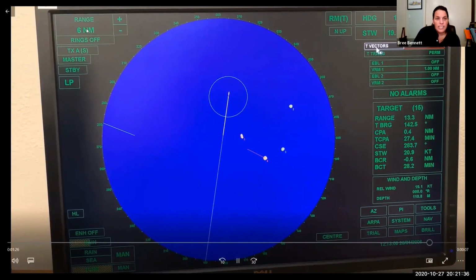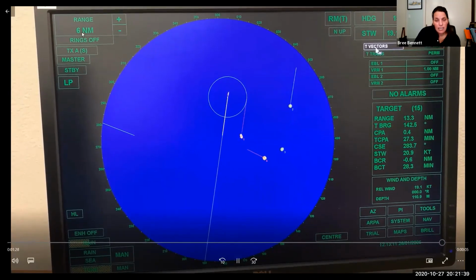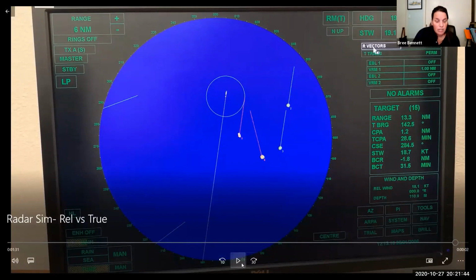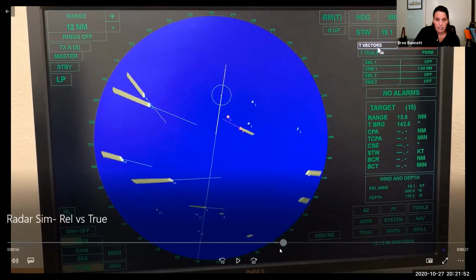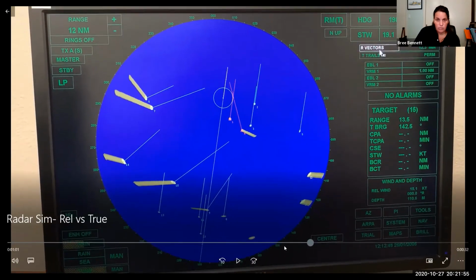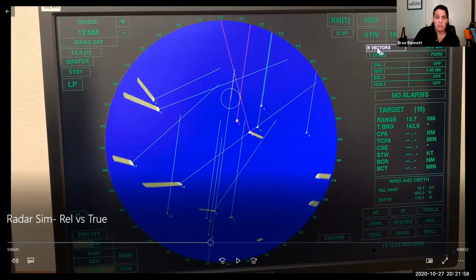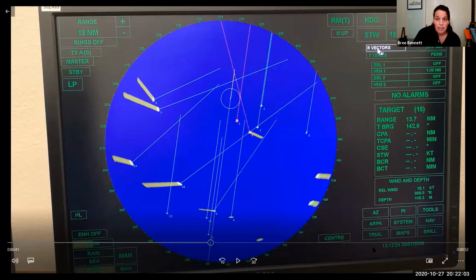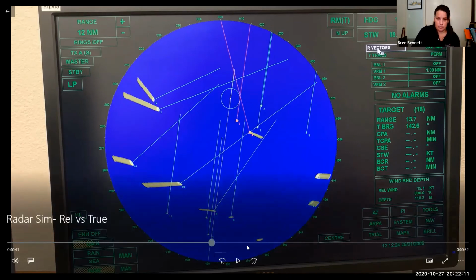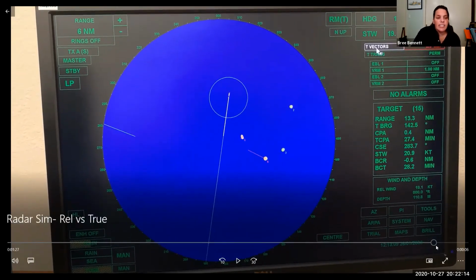Okay, so here we scaled down. Now we're only looking at 6 miles. That is a great tip. If you start plotting all of these things and there's lines going all over the page, you're like, oh my God, this is so scary. I don't know what's going on. To make it simpler, scale down. Go from 12 miles to 6, or go from 6 to 3, because then you see what you have to deal with first.